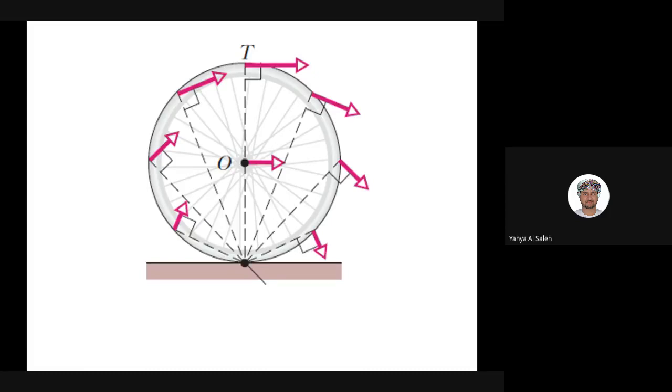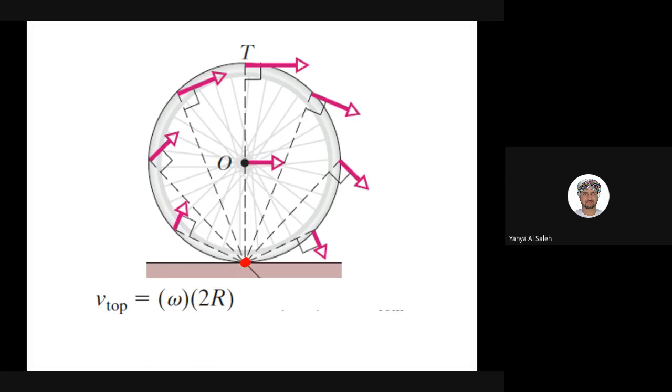The reason for that is, let's analyze the motion of the wheels. Each point of it is moving in a certain direction. Now you are rotating on this point.